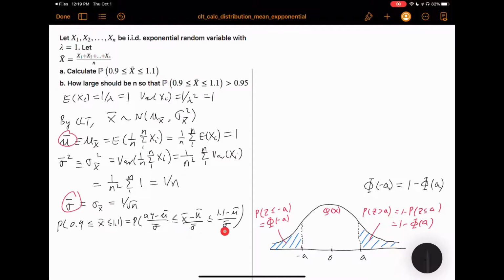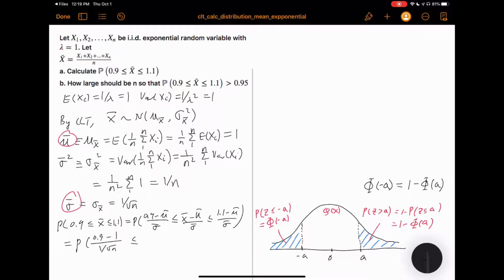So this is equal to the probability 0.9 minus mu bar, which we calculated is 1, divided by sigma bar, which we calculated is 1 over square root of n.